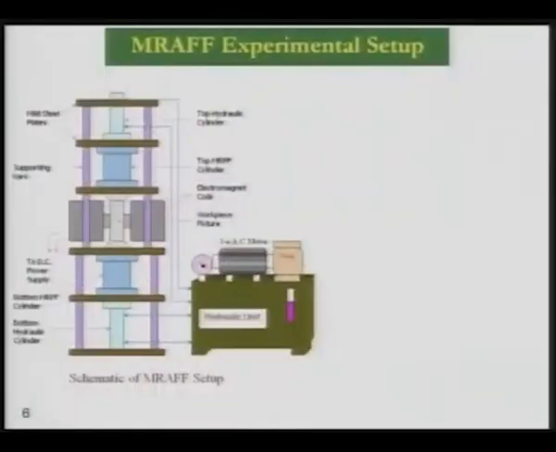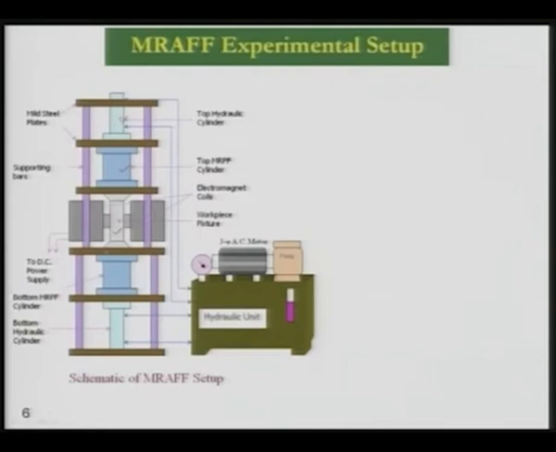This is the schematic diagram of the MRAFF process. I will quickly explain this. Details will be discussed by Mr. Manas Das in the video film. Now here you can see that there is a top hydraulic cylinder, a top MRF medium cylinder, and here is the workpiece which is to be finished.